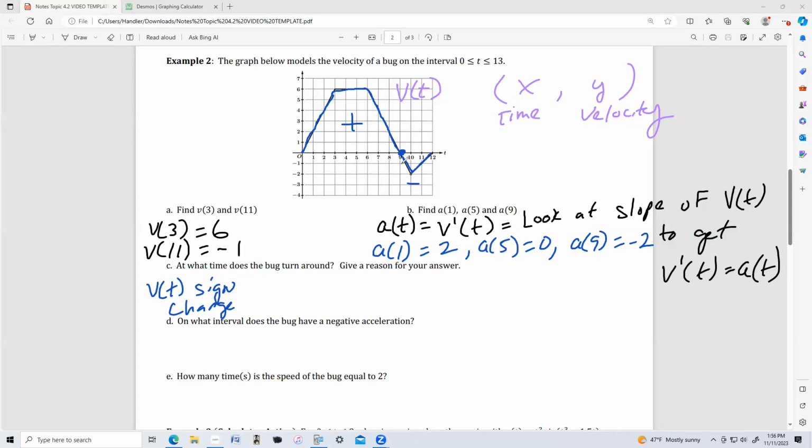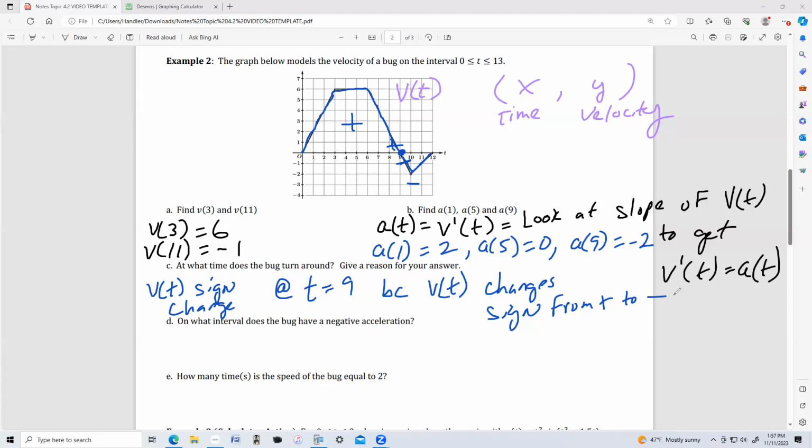Right here at 9. So this is where the bug changes direction. It turns around at t equals 9 because v of t changes sign from positive to negative. That's your reasoning. You've got to be very specific. You can't be too specific in this course. The velocity changes sign from positive to negative at time equals 9.